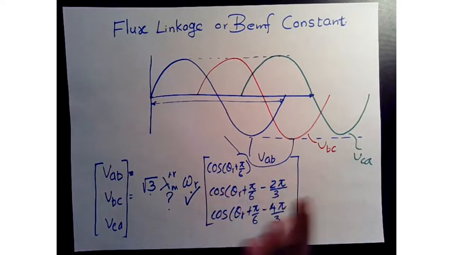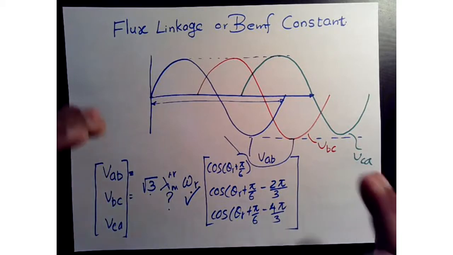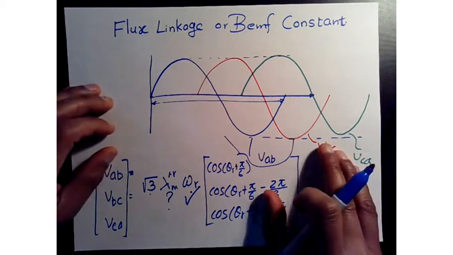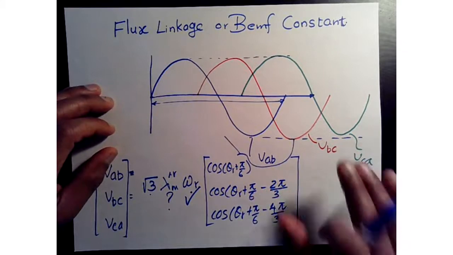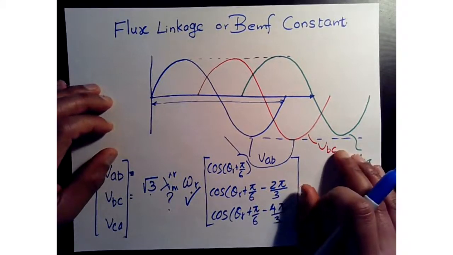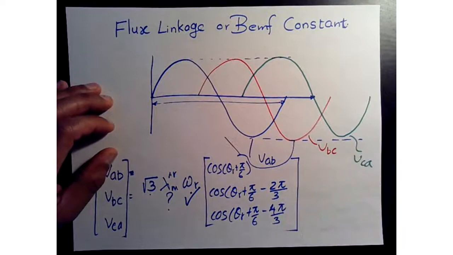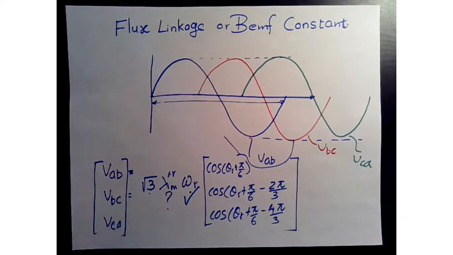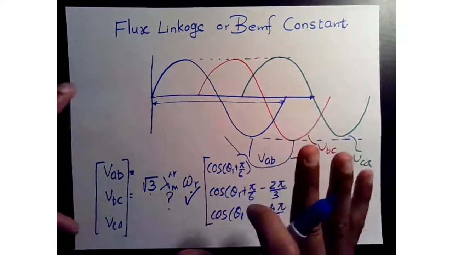But depending on different nonlinear characteristics, at saturated or beyond the boundary between linear and nonlinear magnetic saturation point, you will see that the characteristics of lambda m change a little bit. So you have to be very careful. This is only for that linear region.